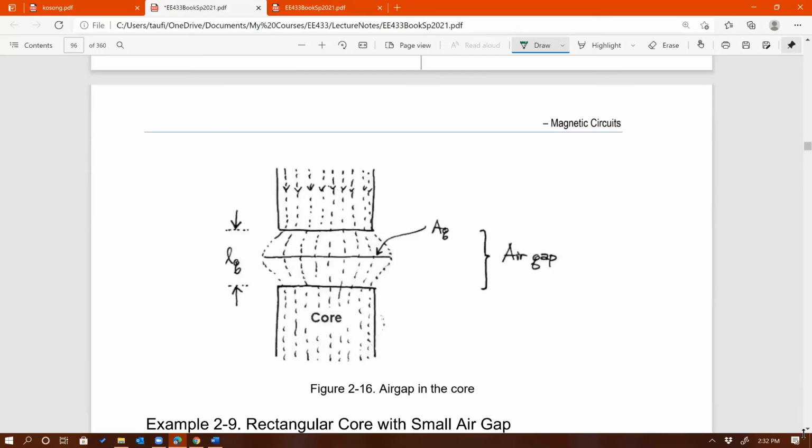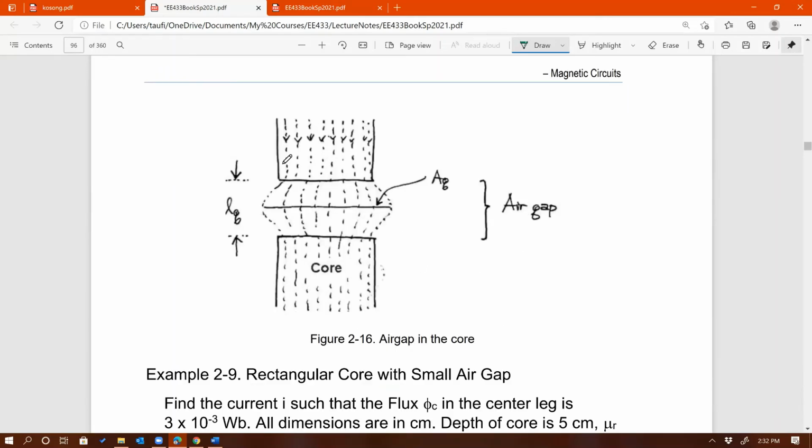And there's an illustration that I try to draw, a side view. Here's the core, and there's the other part of the core, and there's the air gap right here. So you can see the flux, because of the fact that it has the same mu naught but a different mu, a much smaller mu, close to 1, is going to be bent that way instead of contained straight down to the other side of the core.